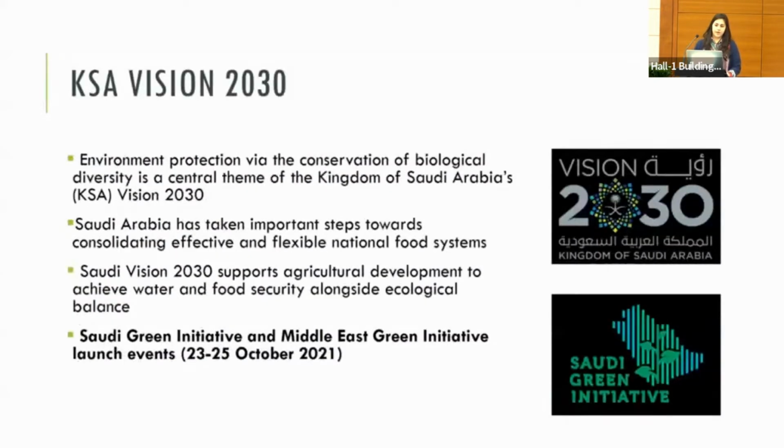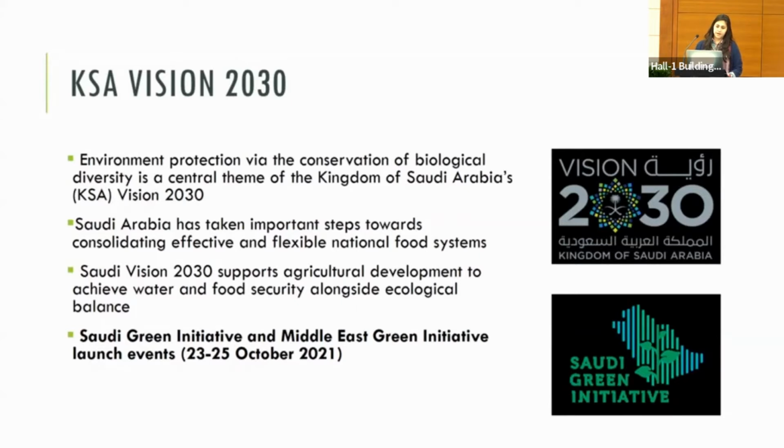Environment protection via the conservation of biological diversity is the central theme of the Kingdom of Saudi Arabia's Vision 2030. And Saudi Arabia has taken important steps towards consolidating effective and flexible national food systems.